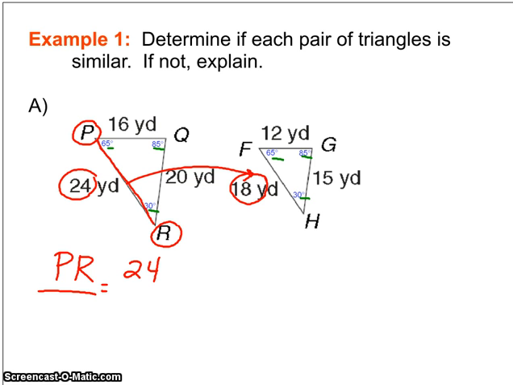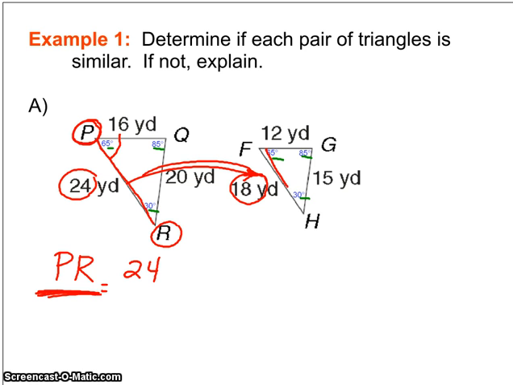And side PR corresponds to this side over here, which is FH or HF. Now, FH in this case is not going to be the same thing as HF because you have to match up the corresponding sides and angles. So let's go back up here. We wrote our P first. P is what angle? 65 degrees. Now let's go over here.